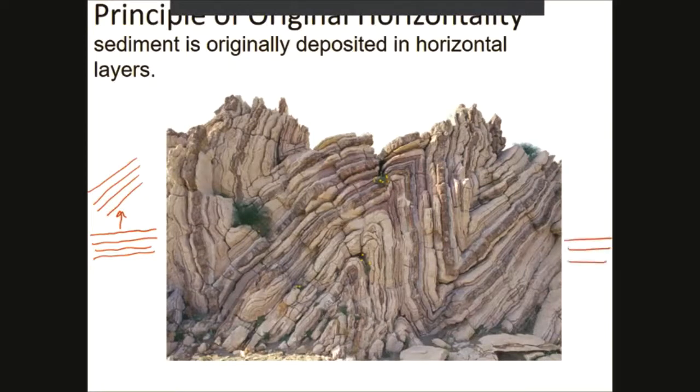If we find sedimentary rocks that are folded, like these ones, then we say that those rocks did not form that way. They were originally horizontal, and then they were folded. You can see the folds in this rock.